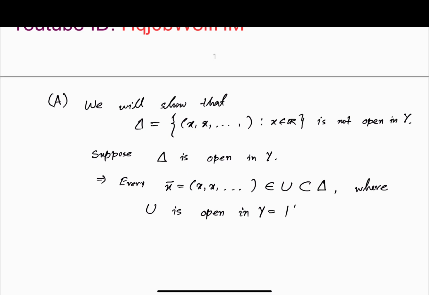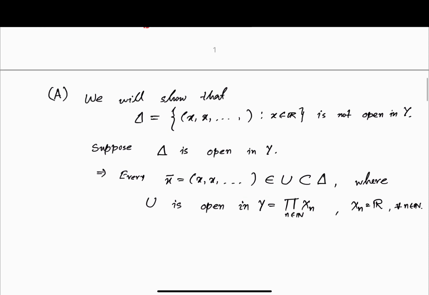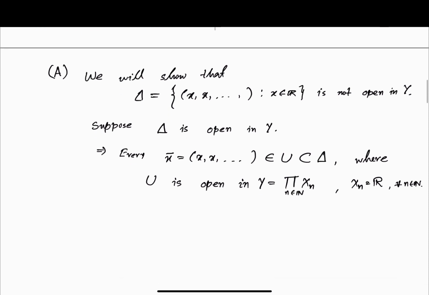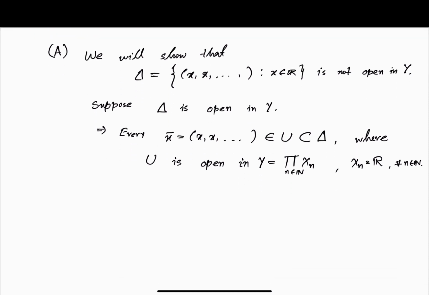And what is Y? This is the product of Xn, n belonging to the natural numbers, where the Xn are basically the real line for all n. So U is open in this product space, with respect to the product topology. How will U look?